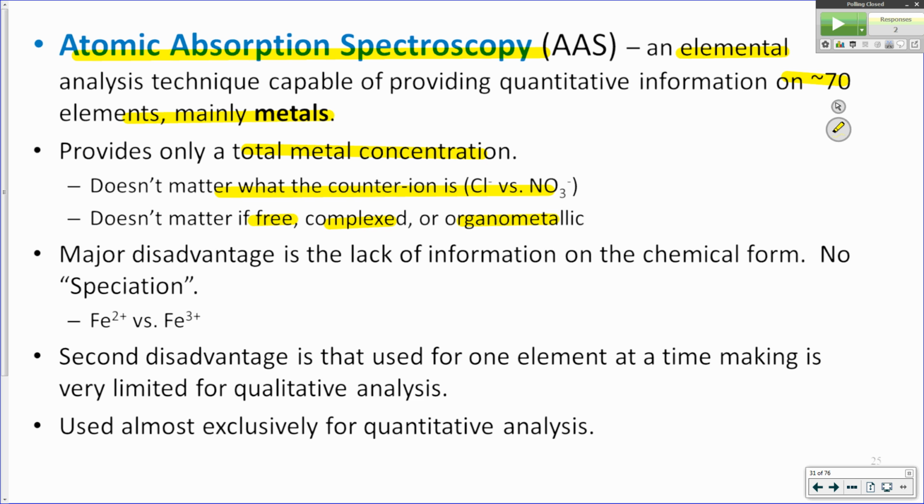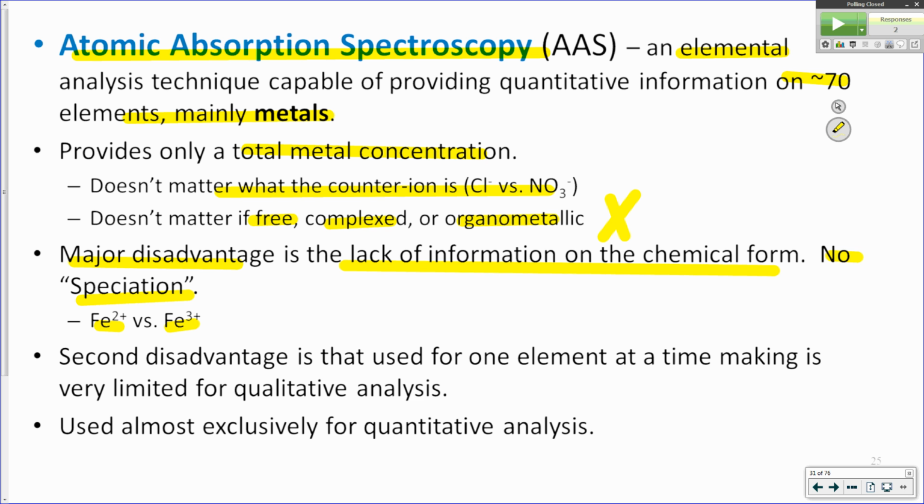The major disadvantage that atomic absorption spectroscopy has is the lack of information on chemical structure. So going back to this guy up here, and also there's no speciation. When I say speciation, it doesn't know if it's iron 2 plus or iron 3 plus. It just knows it's an iron atom.